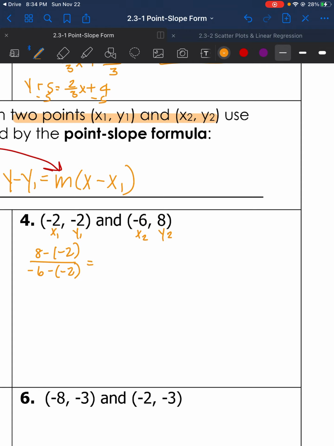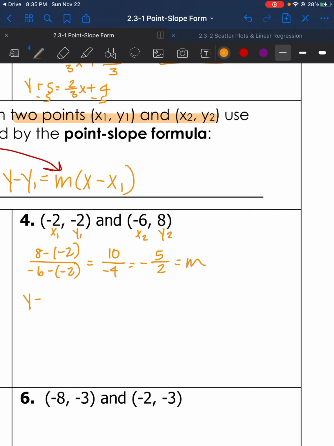That's 8 plus 2, which is 10, over negative 6 plus 2, which is negative 4. 10 over negative 4, we can put the negative out front, and dividing each by 2, we get negative 5 halves. That is equal to m.